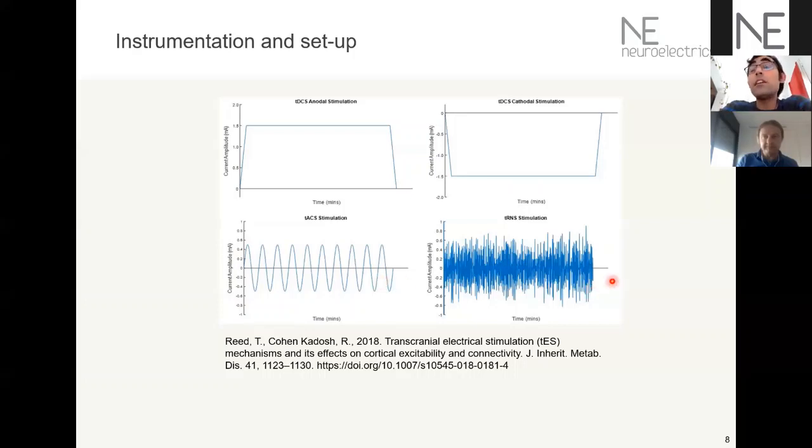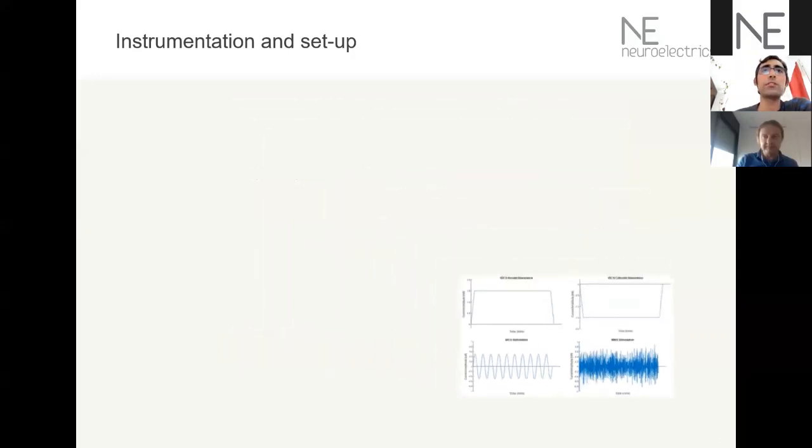And finally, tRNS, transcranial random noise stimulation, is a form of tES in which the current in the electrodes varies randomly in time with a uniform frequency distribution, from 0 to 600-something hertz. These currents are applied for 10 to 40 minutes, depending on the protocol, sometimes slightly more, sometimes slightly less.